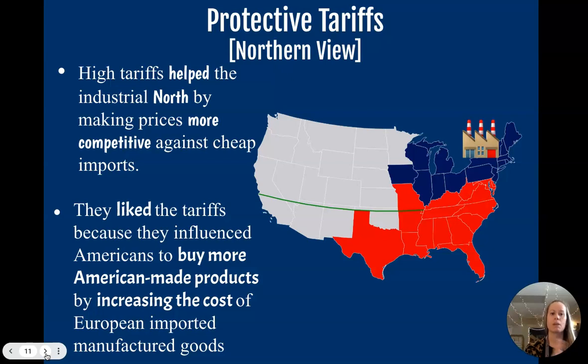It's influencing Americans to buy more American-made products and increasing the cost of European-made products. So if we are going to put a tariff on China, that iPhone is going to get more expensive, maybe forcing me to buy from a mom and pop shop here in the United States. Or a better example would be my sweater I have on, I got from Amazon from China.